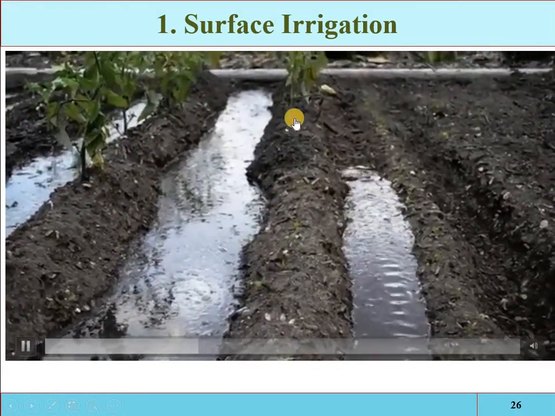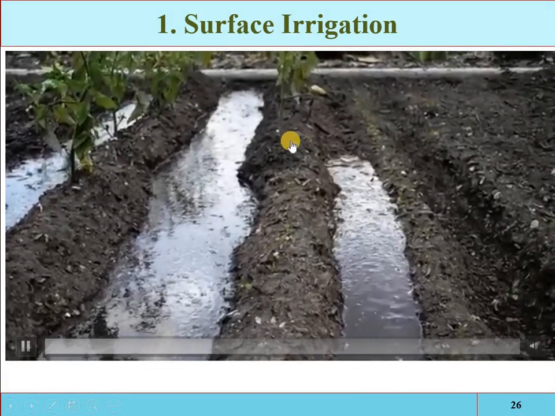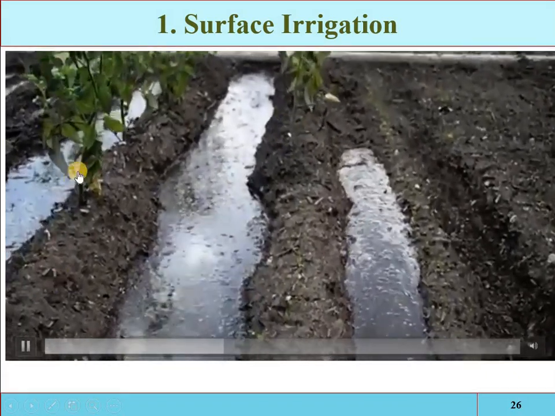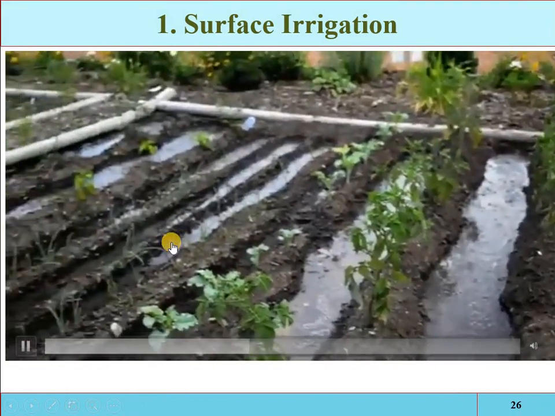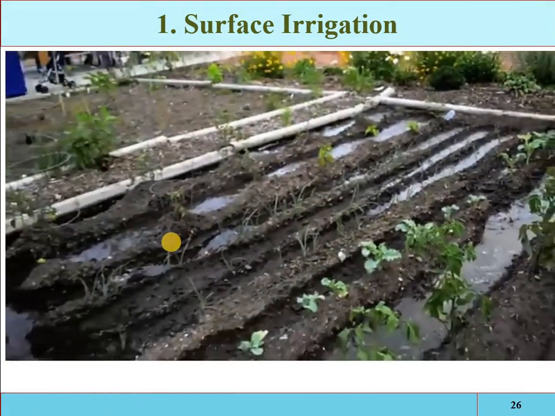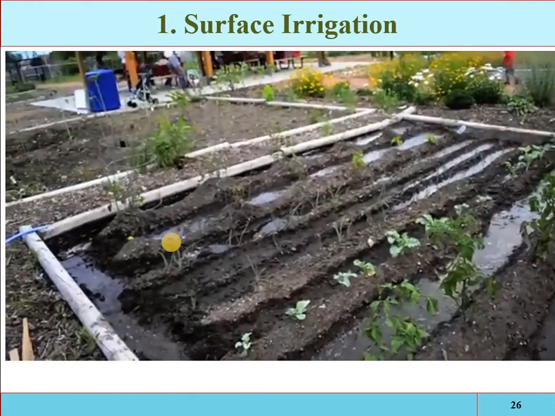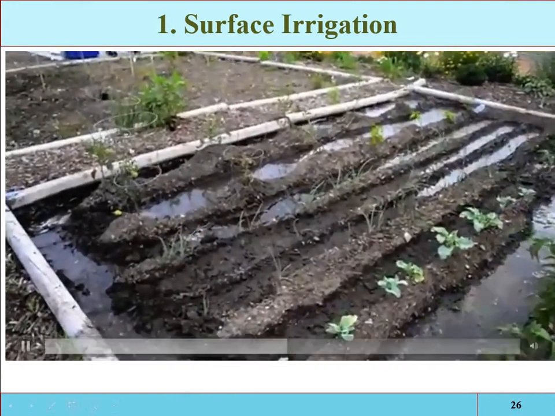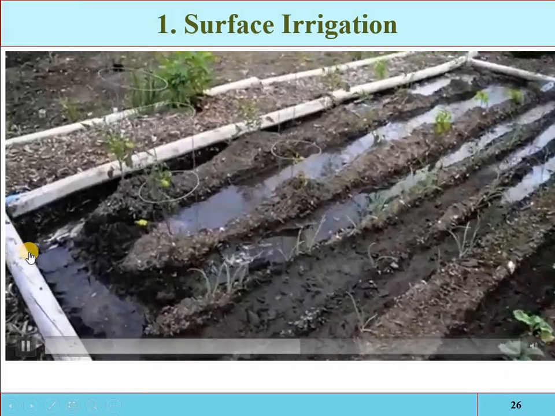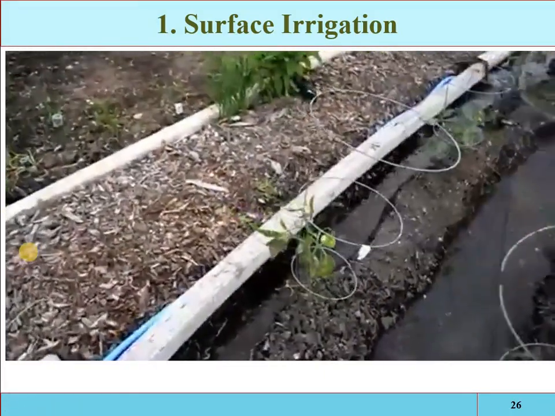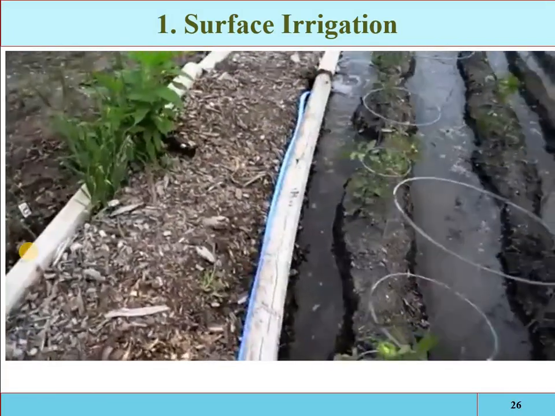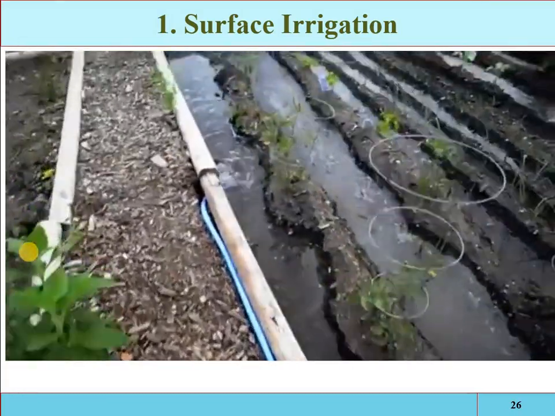And here you can see that the crops are planted on the levees, on the ridges. So this method is recommended for crops which are affected or damaged by direct contact with the irrigation water. A controlled amount of discharge will be introduced into the furrow, and then the water will move along the direction of the slope to the downstream area.